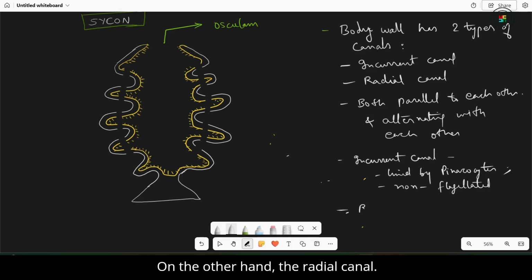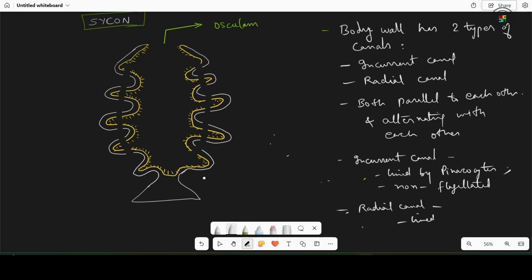On the other hand, the radial canal, its boundaries are lined by choanocytes, and they are flagellated. Okay, so based on this, what do you see here?